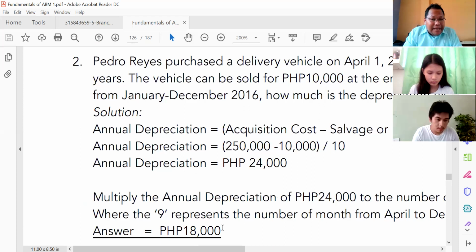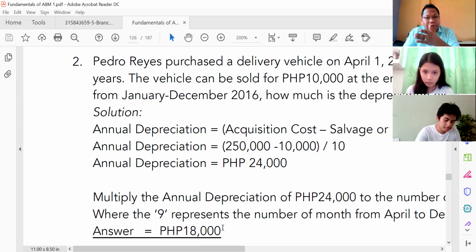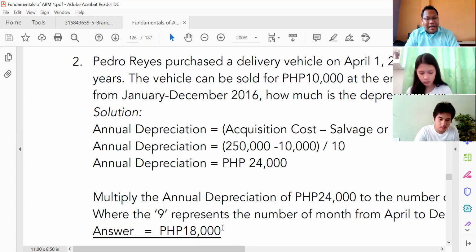Again, that depreciation of 24,000 is from January to December. Problem number 2 is plainly talking of April to December. It does not include January, February, and March. That is why the computation has yet to continue: 24,000 times 9 months over 12 months, and that yields 18,000.